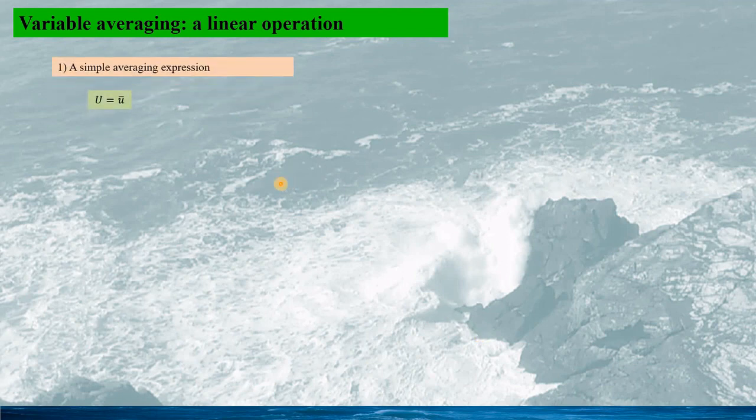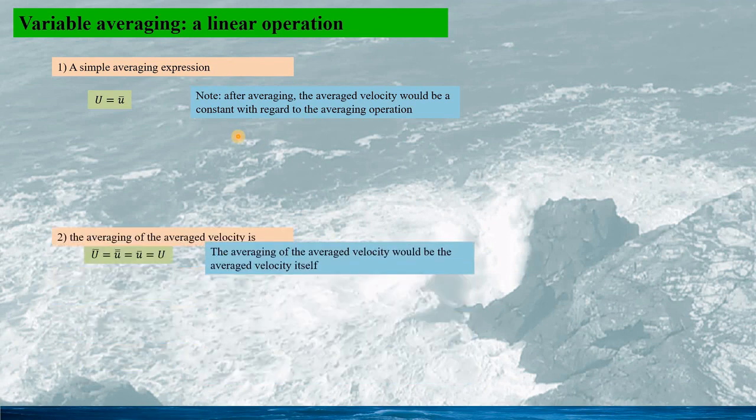All the averaging methods mentioned in the previous slides are linear operators. In a simple averaging, we have an expression as this. It should be noted that the averaged value U would be a constant for the averaging operation, but it would be both time and spatially dependent.